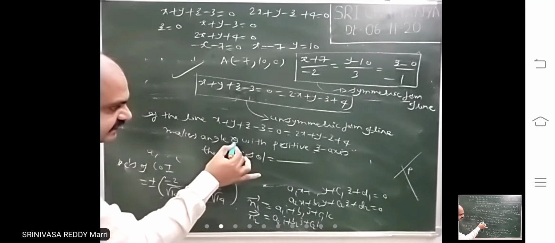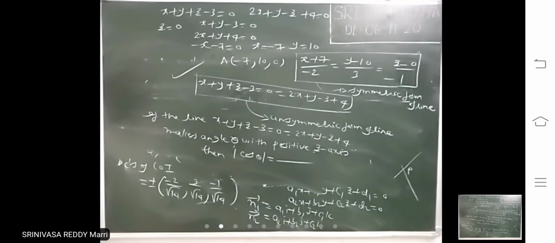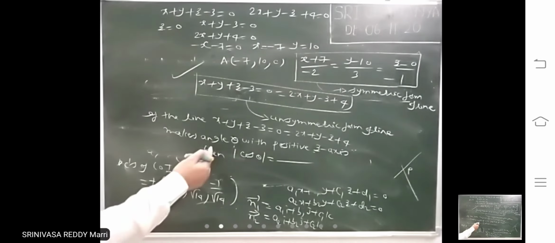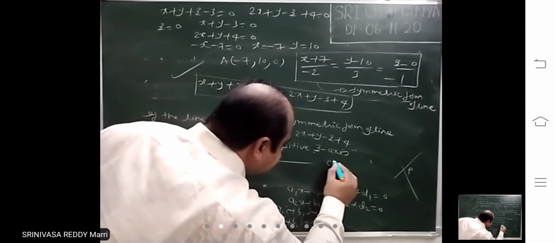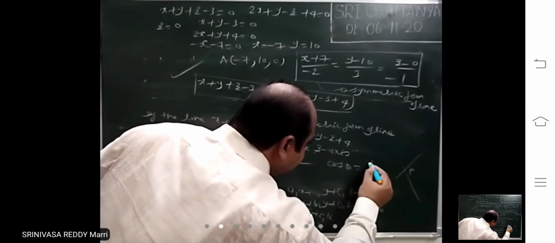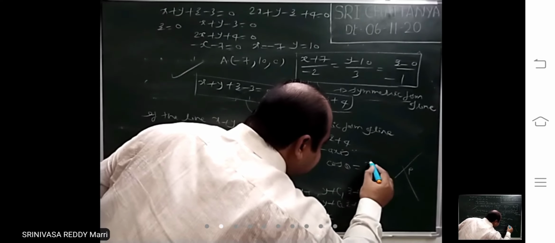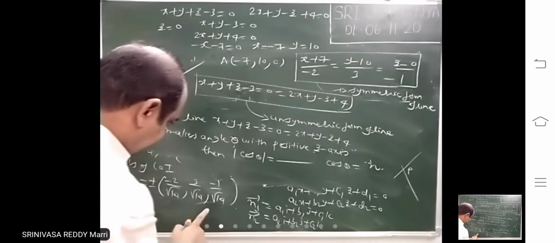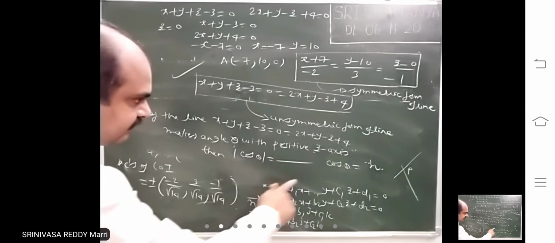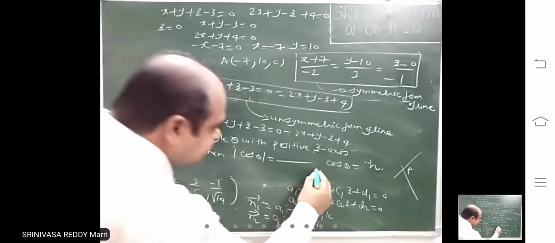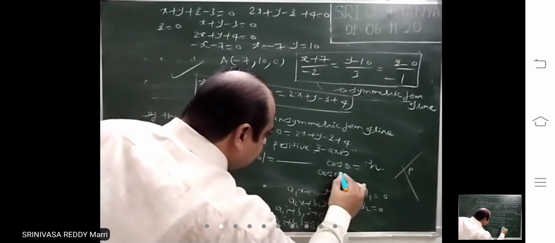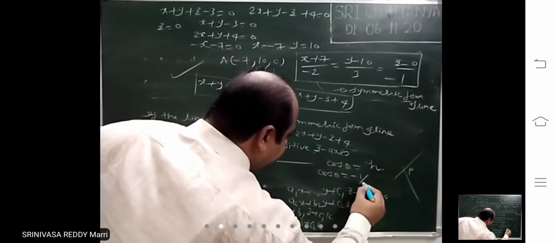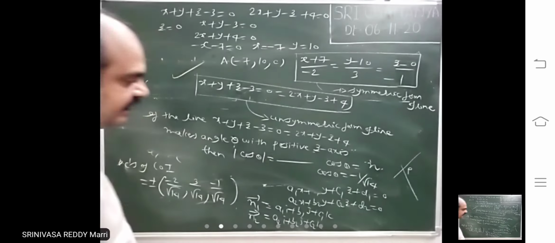This line makes angle theta with the positive z-axis. That means if a line makes an angle theta with the positive z-axis, cos theta is what? The DRs, N. N is what here? The DCs you got. N is the DC. Cos theta is nothing but minus 1 by root 14.